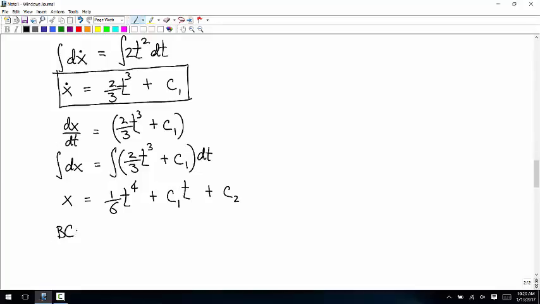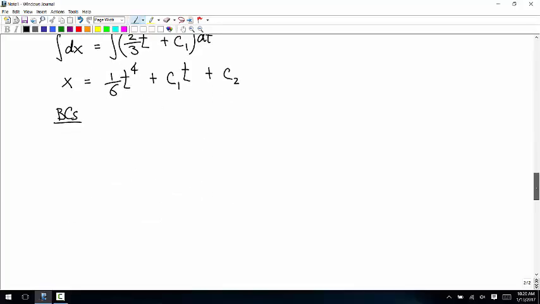And now we'll use the boundary conditions to find c1 and c2. The first one says when t is equal to 0, x is equal to 2. So 2 is equal to 0 plus c2. I just plugged 0 in for time in this function and said that when time is equal to 0, the value of x is equal to 2.